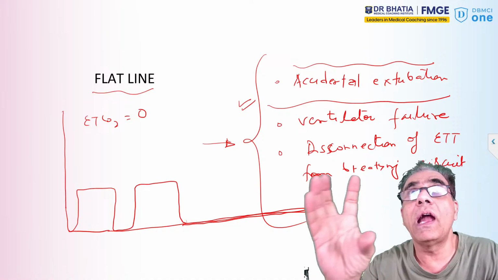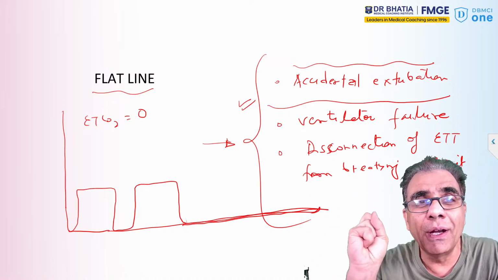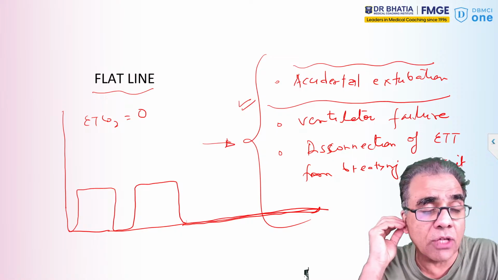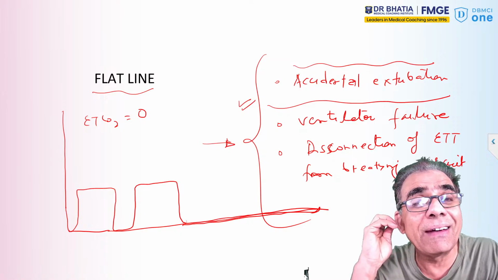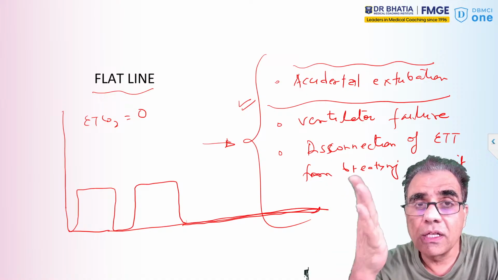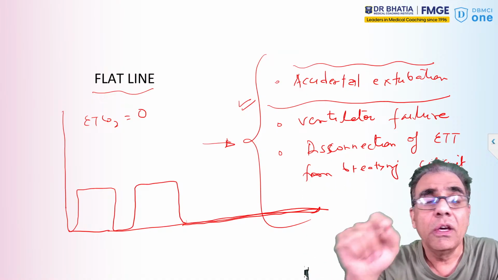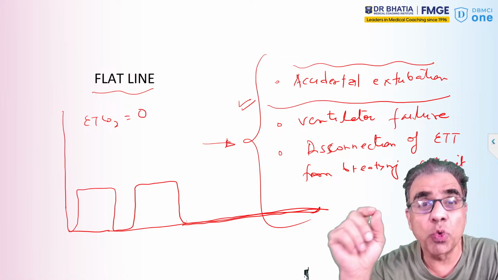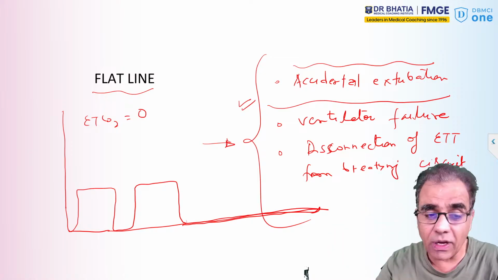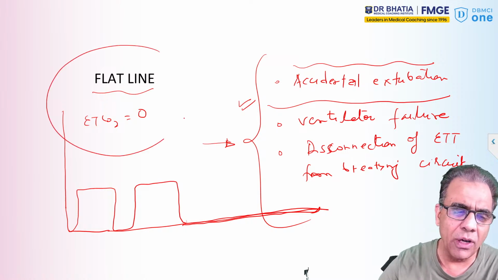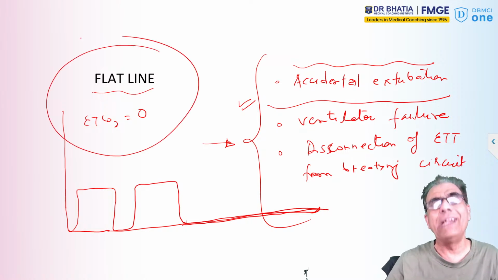If you only rely on pulse oximetry, it will show you oxygen desaturation only when the reserve of oxygen in the body gets finished, which means after a few minutes. And with capnography, you can detect these complications within seconds. So capnography is an excellent monitor which gives you detail of every breath.